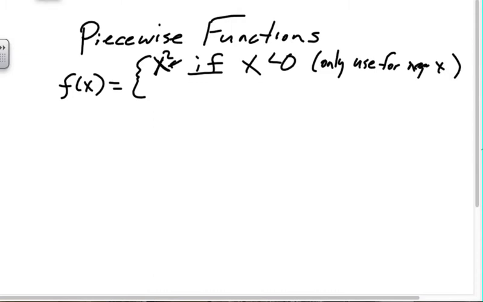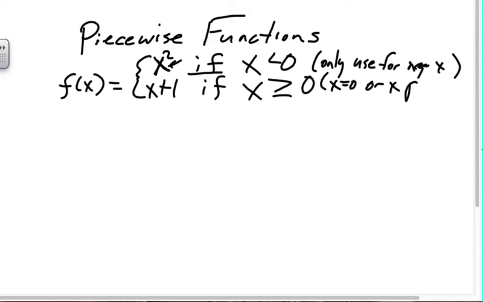And what they do is they give us another piece of this, which is x plus 1, if x is greater than or equal to 0. So what this means is I use this for x equals 0 or x is a positive number.